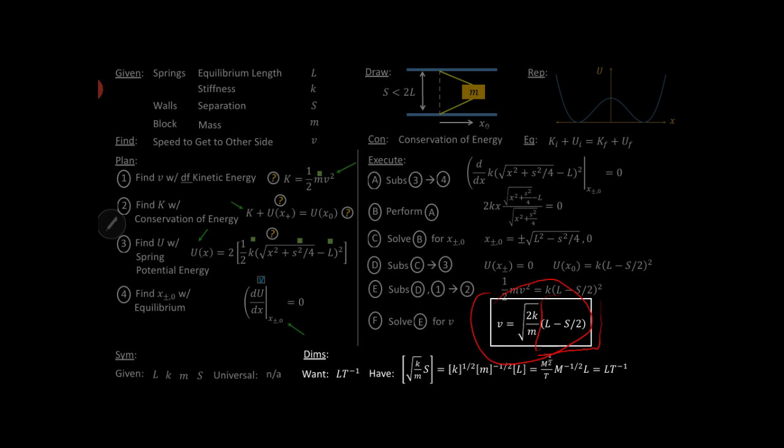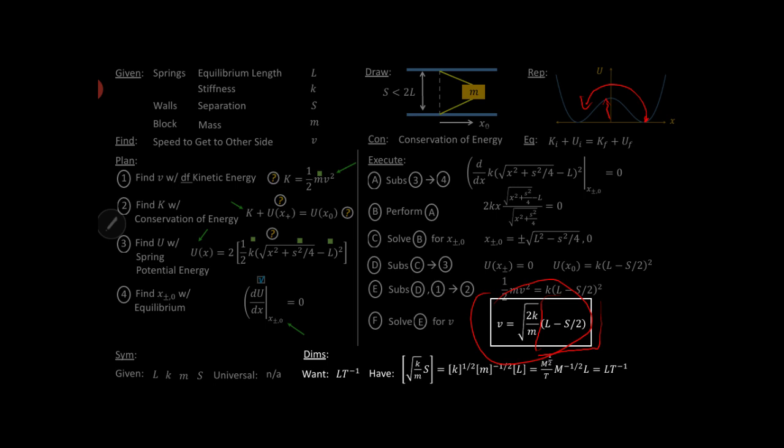So if I think about that, if the equilibrium length changes, this gets higher, and therefore the speed required to go from here to here gets higher? That doesn't necessarily make sense to me.